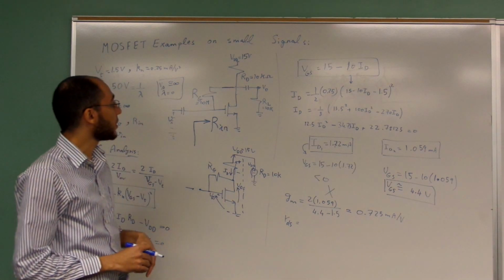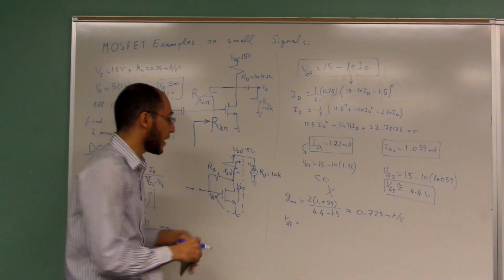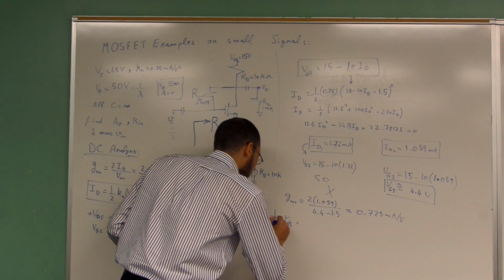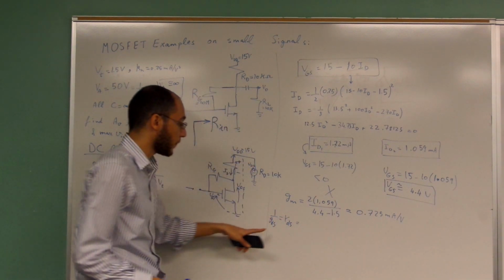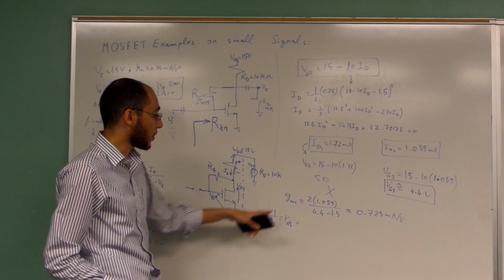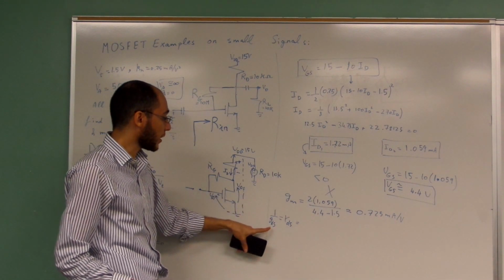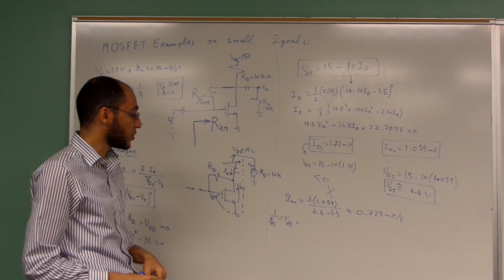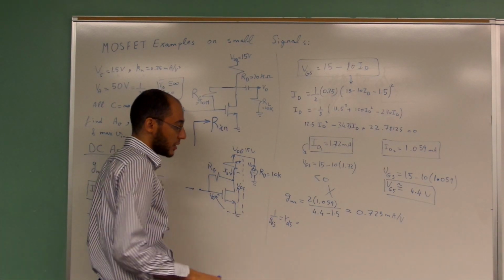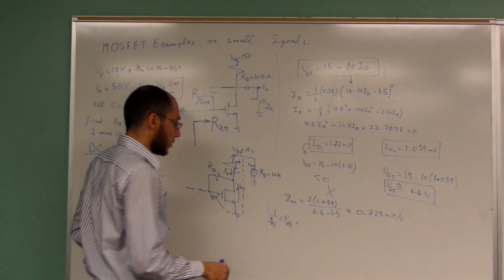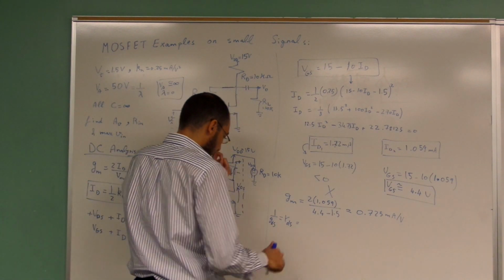Sometimes people calculate the value of GM and calculate the value of GDS. I like to calculate the value of RDS, which is the inverse of GDS, for a reason that I'll show you later on. What is the value of RDS?